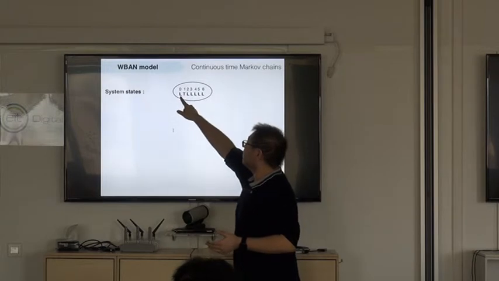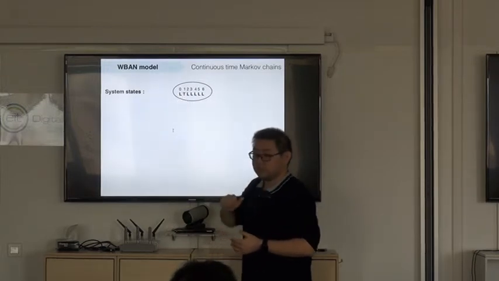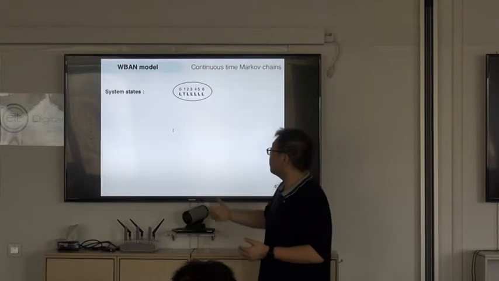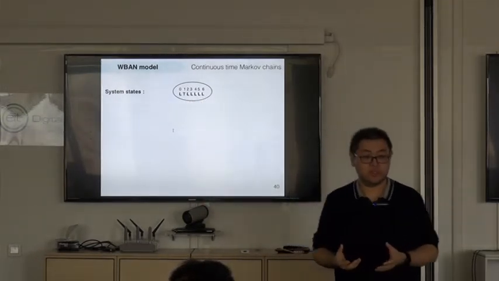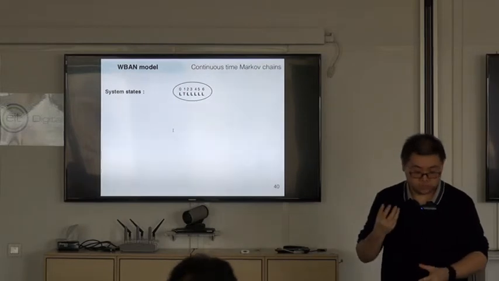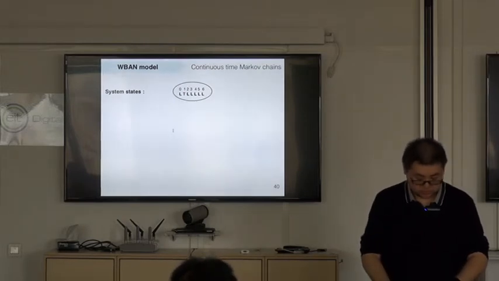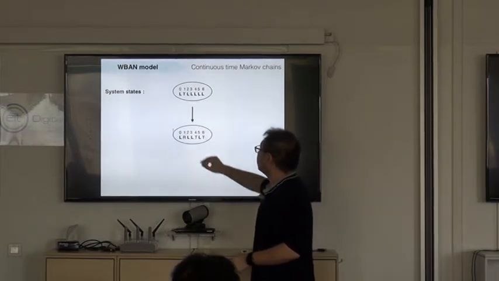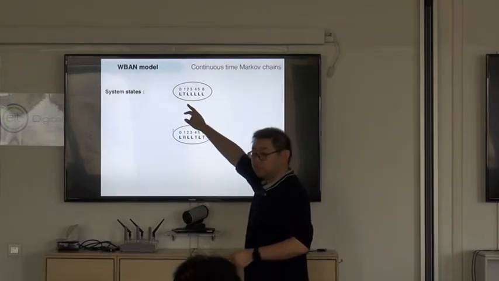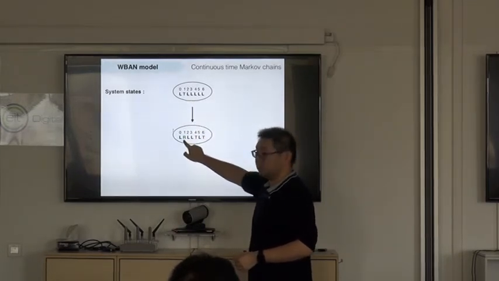For the first node, node 0, the beginning state is L, and for the others also, except for the first one, because the first one is the sink. At the beginning, it is in the state T, so it will send the message first. So how does it change state? After the sink sends the message, it changes its state from T to R.